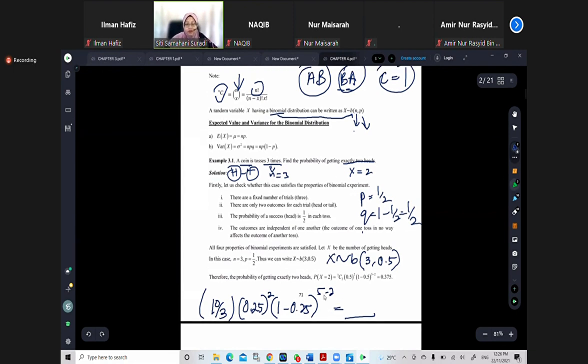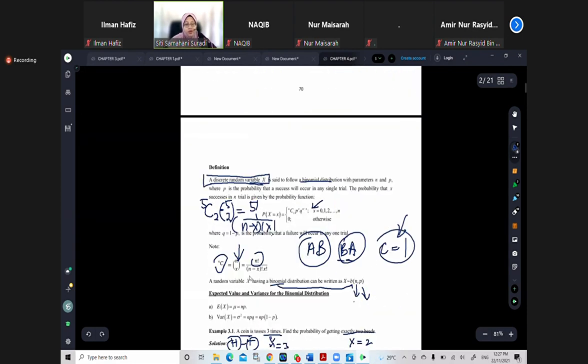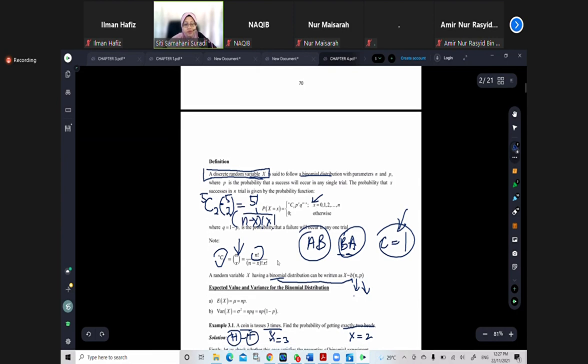How to find the probability of getting 2 heads? Your possibility to get 2 heads means the success is x equals 2, n equals 3, p equals 1/2, q equals 1/2. Substitute all this information into the binomial probability function.